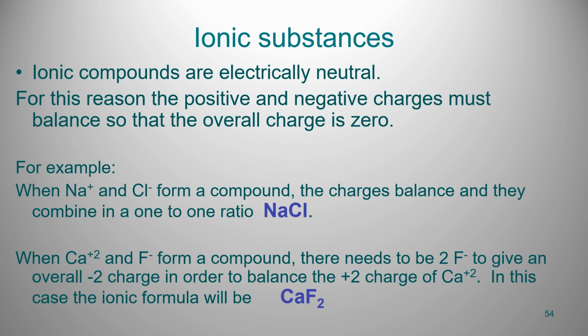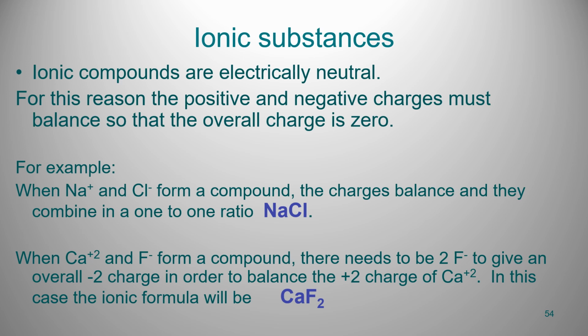You can only have neutral compounds. So our ionic compounds have to be electrically neutral. That means the total positive charge has to equal the total negative charge, so that the overall charge for the compound is 0.